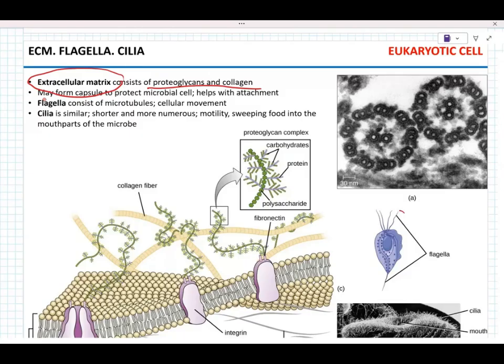Eukaryotes also have flagella. They look the same as bacterial ones, but structurally they're different. Remember how I compared bacterial flagella to a propeller? This is an oar, a paddle. Instead of moving in a circular fashion, the flagella of eukaryotes wave.